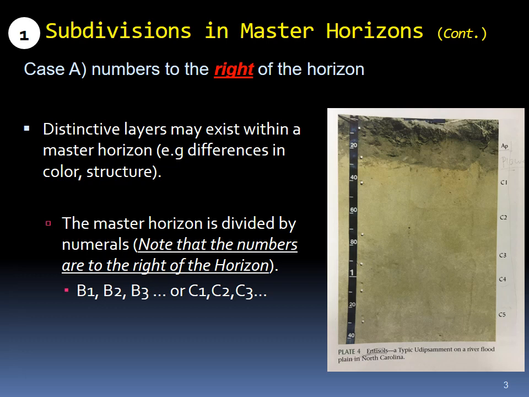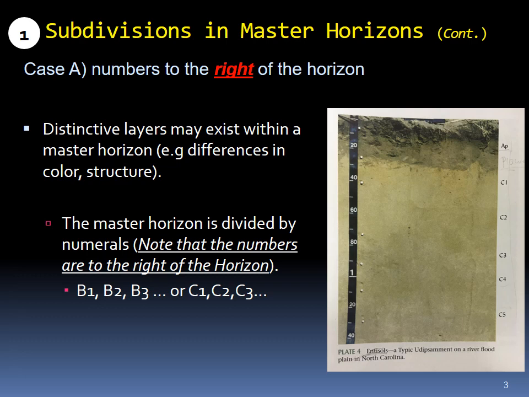And these layers, all of them having the property of the C horizon, are a little bit different than the other ones because of differences, for example, in the colors, maybe in the structure, or maybe in the texture and the feel. So we distinguish them by giving them numbers, and those numbers will be placed to the right of the horizon.